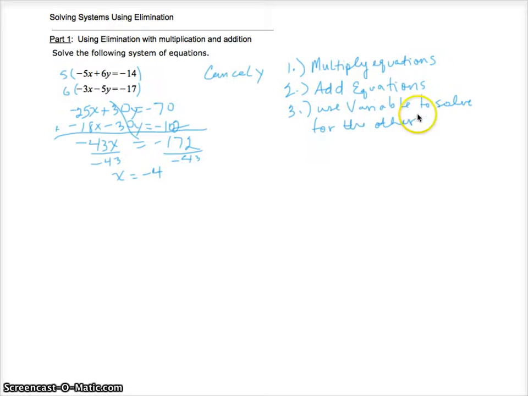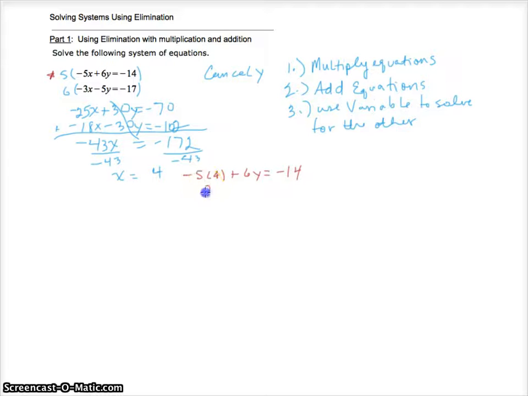So I've got one variable equal to a value, so I need to solve for the other. And this is actually x equals positive 4. Negative divided by negative gives me positive. So I'm going to substitute positive 4 into one of the equations. I'll pick the first equation: negative 5 times 4 plus 6y equals negative 14.